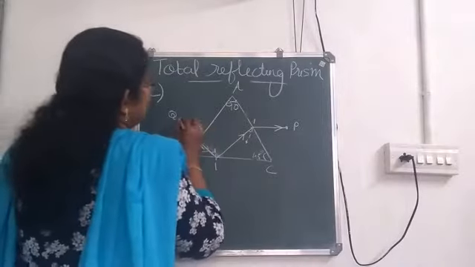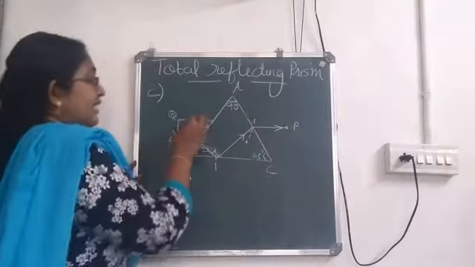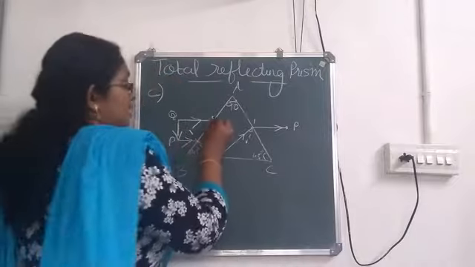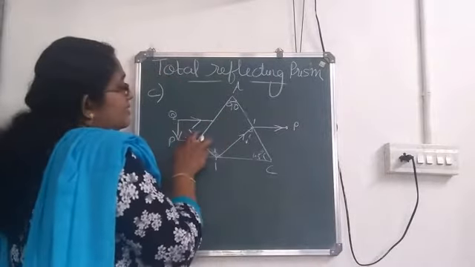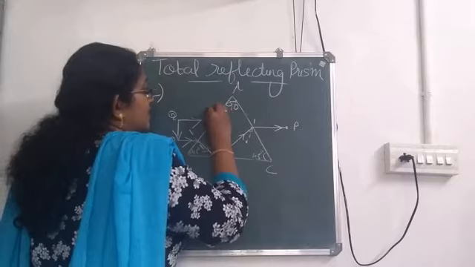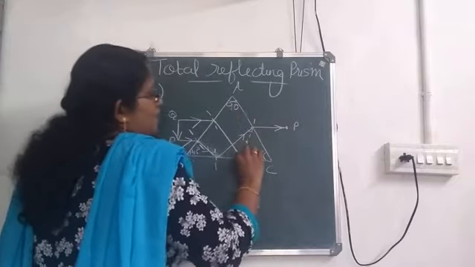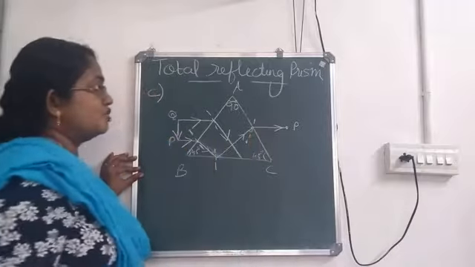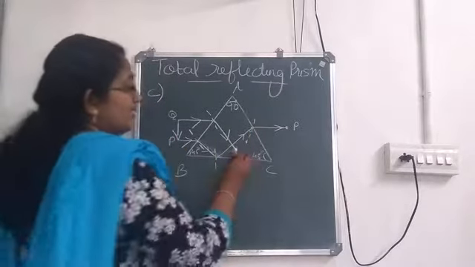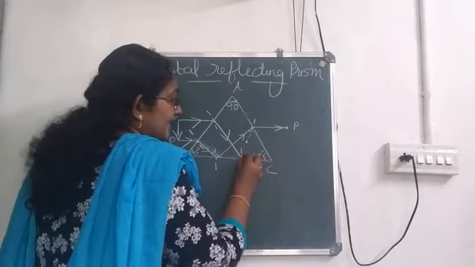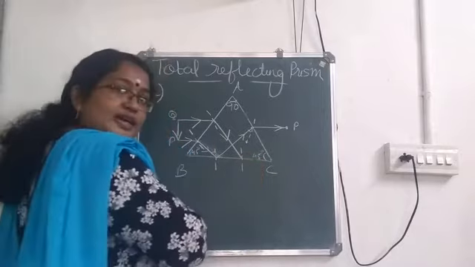Now we will consider the ray from the point Q. Here also it is moving from rarer to denser. So what happens? It moves towards the normal. The ray bends towards the normal and it hits here. Here it makes an angle 45 degree.